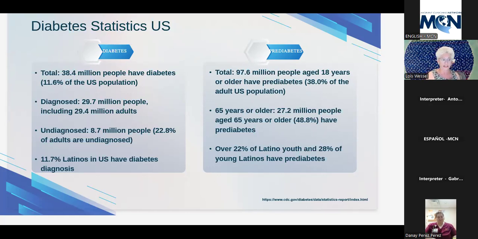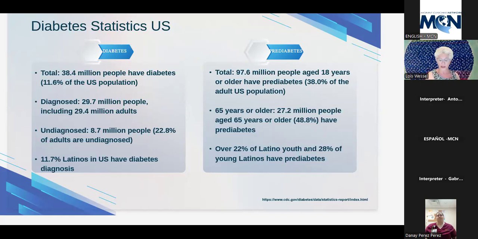The last statistics we have are that close to 30 million people have been diagnosed, and that there's another 8 or 9 million who are undiagnosed. And that's a concern to me because obviously with diabetes, we want to make sure that people are getting the care and attention they need to prevent the complications from diabetes.